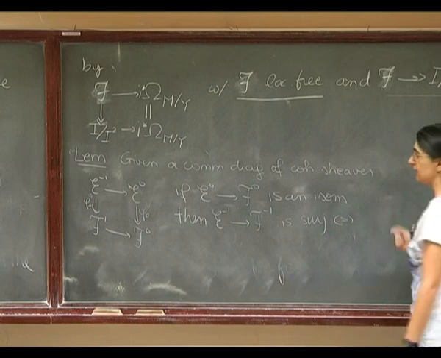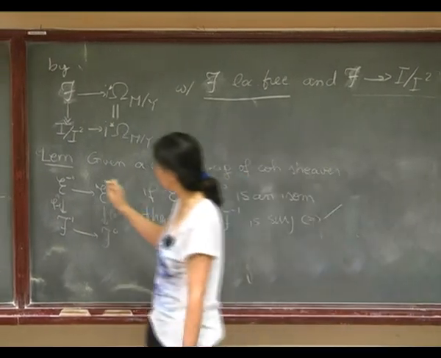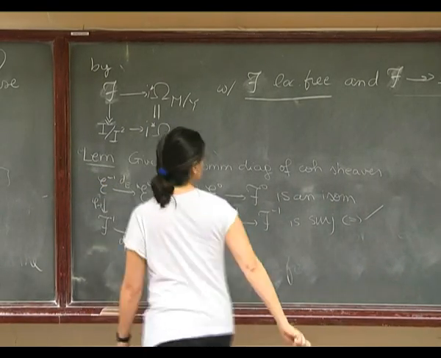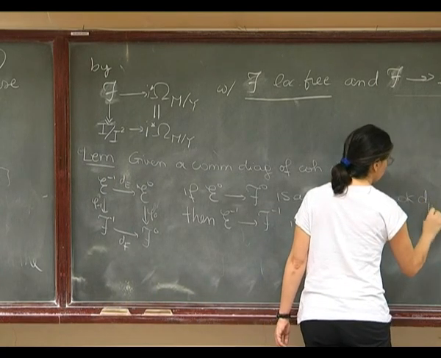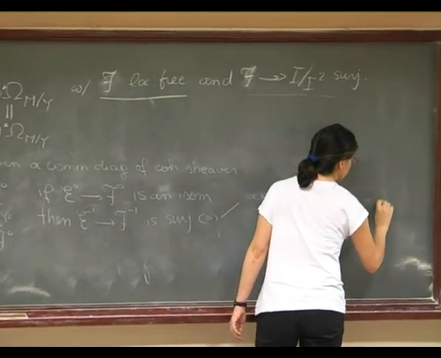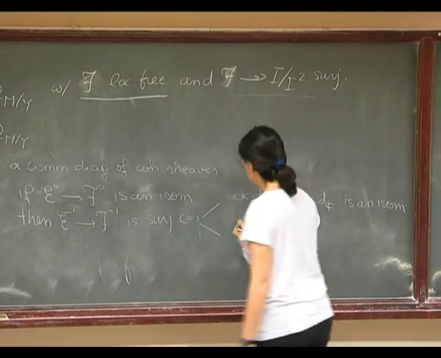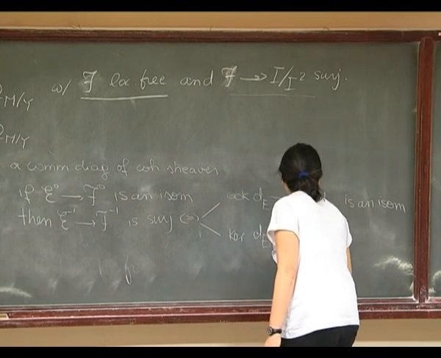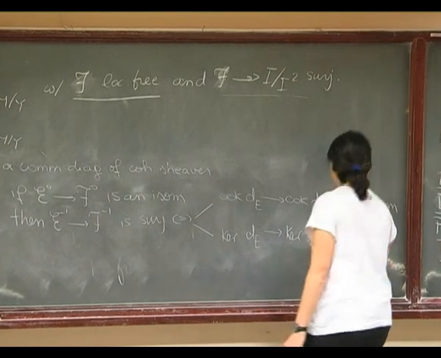This is surjective if and only if the induced, so let me call this DE and DF, the induced map from the co-kernel of DE to the co-kernel of DF is an isomorphism, and the induced map from the kernel of DE to the kernel of DF is surjective.